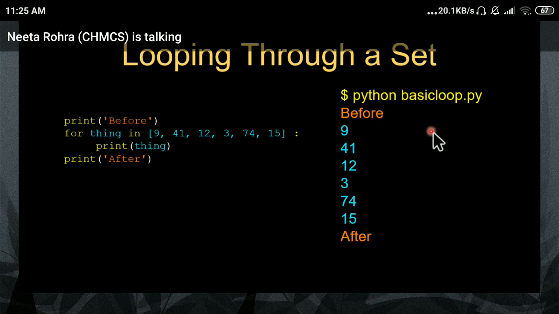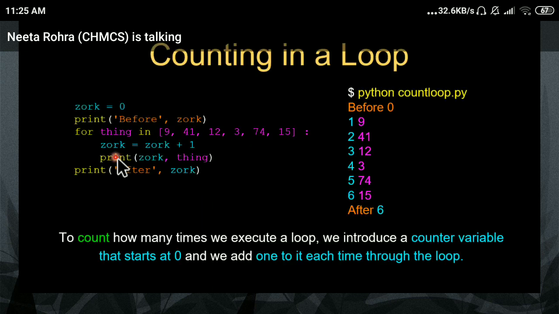When you execute this particular loop, now your iteration values are different. So before and after statements can be printed. Check in this case what I was talking about.